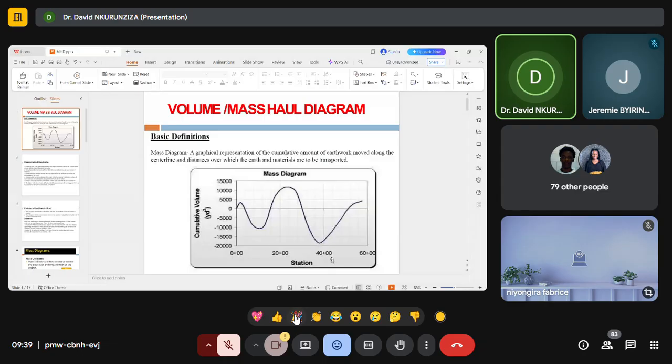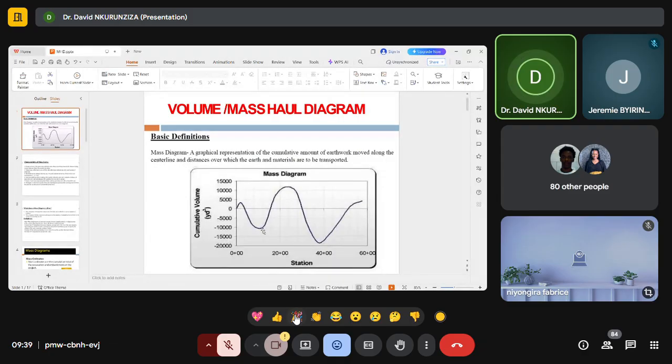Class, please look at this diagram. This diagram has some rising and some falling sections. For example, from here to here is rising, from here to here is rising, from here to here is rising. Where we see a rising section, this shows that cutting activities are taking place.